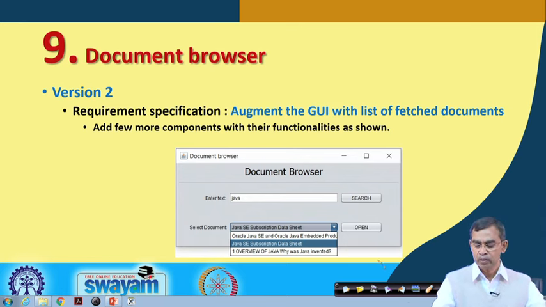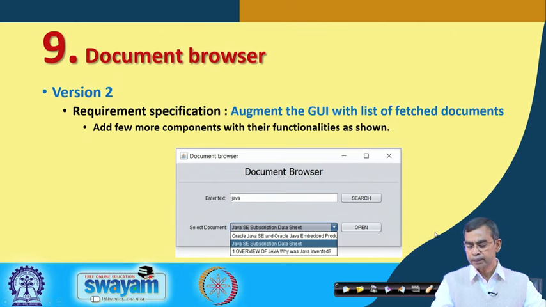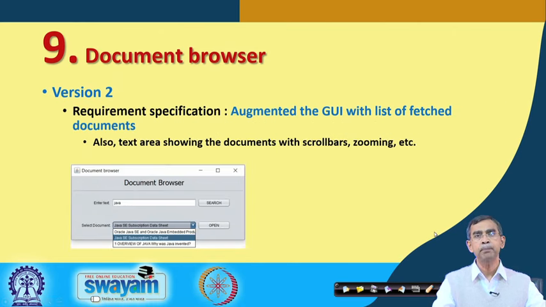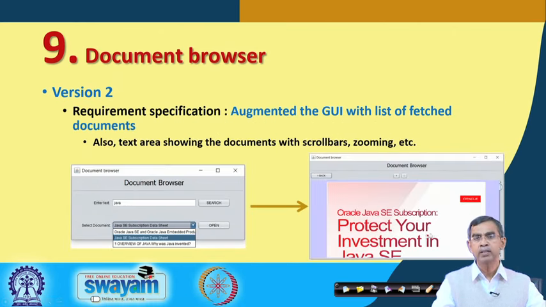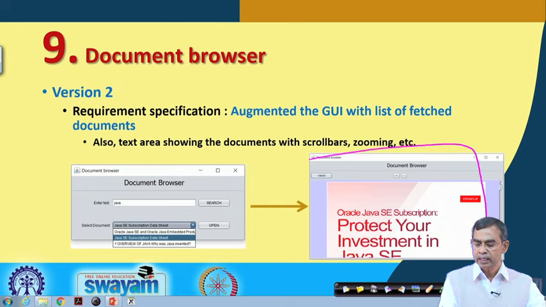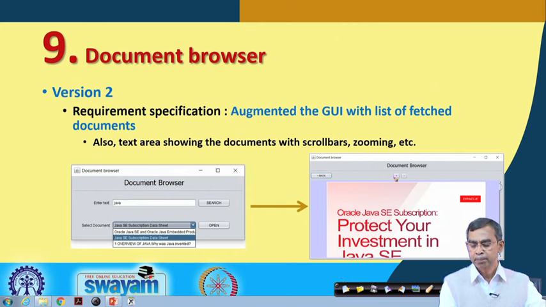Now, the browser window will typically look like this. Suppose this is the interface, and here is the look of the browser window. So, this is another GUI that you have to develop. Once the user selects the open button, it will appear, and in this browser you have to add some facilities like plus and minus.